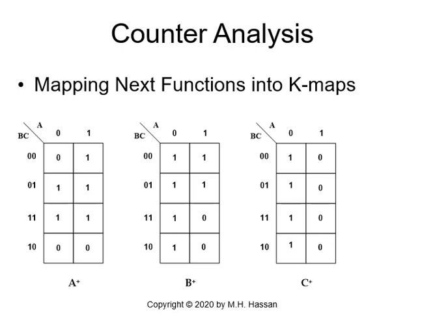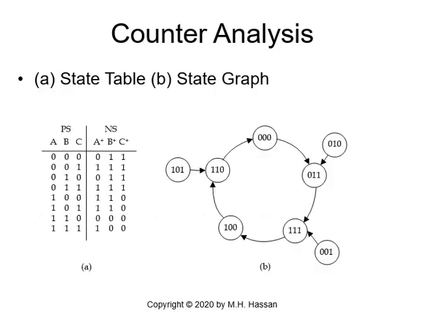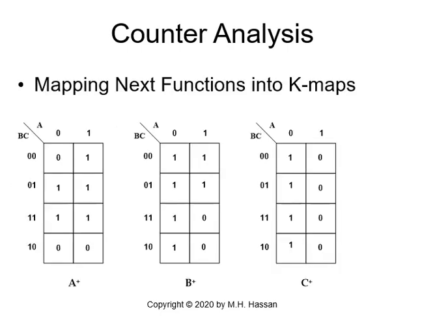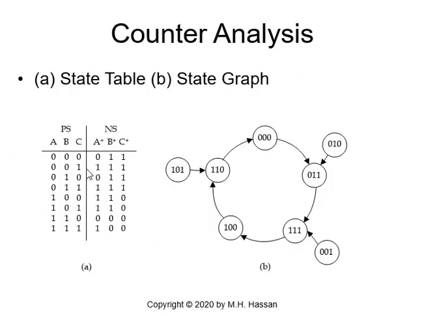Let me show you how to do this. It is very simple. I have the present state ABC, and A plus, B plus, C plus. I go to the K-map and read minterm by minterm, starting with 0, 1, 0, 1, then 1, 1, 0, 1. I write them here: 0, 1, 0, 1, 1, 1, 0, 1. This will be the A plus.